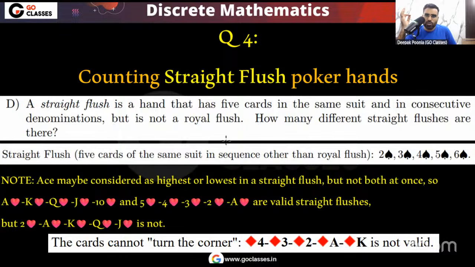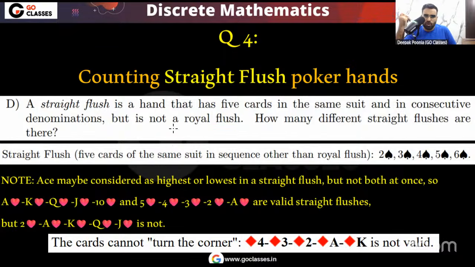In the royal flush also we have all 5 cards in the same suit and consecutive denomination. If you remember, the royal flush has 5 cards in the same suit with values 10, jack, queen, king, ace. That is the royal flush that we have already seen in the previous question.